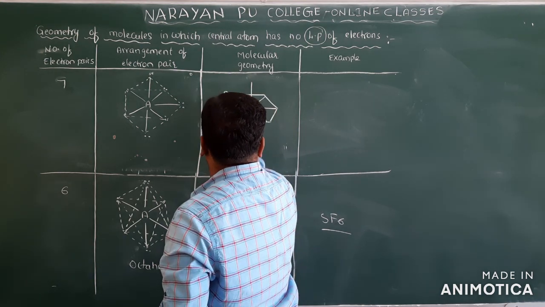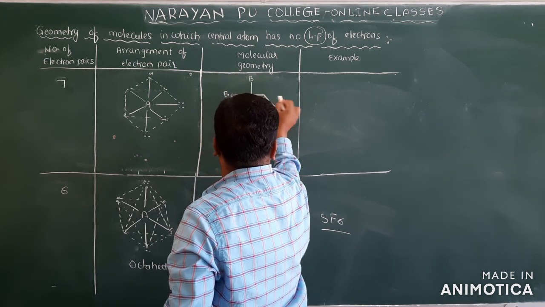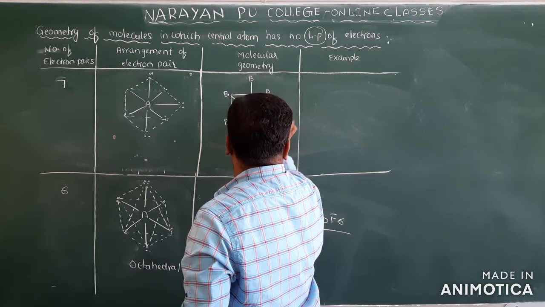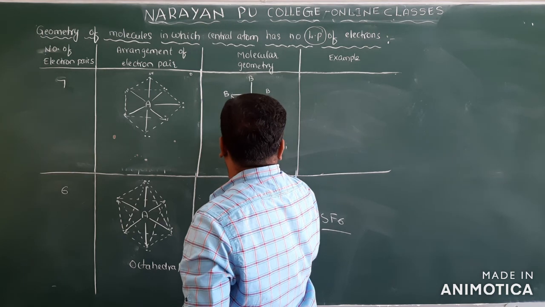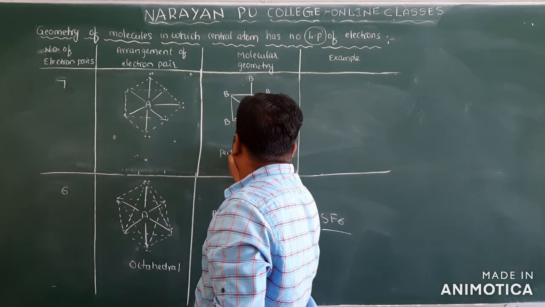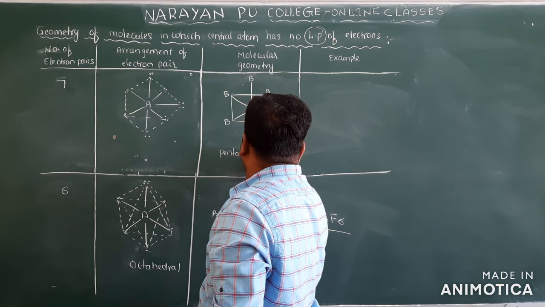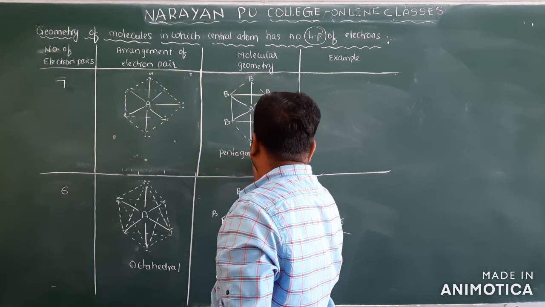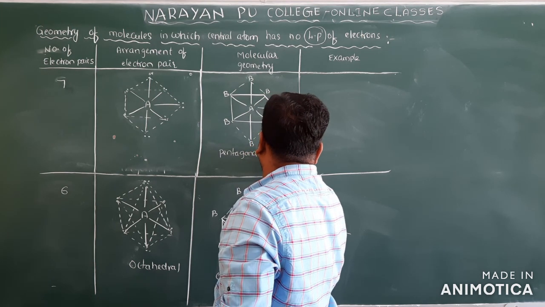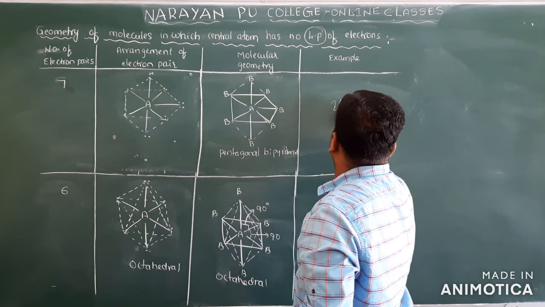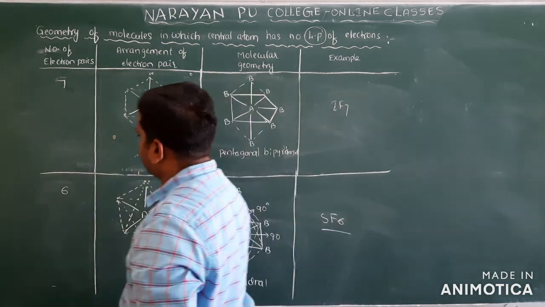This is B, B, and here bond, and here there will be B and B and B. Clear, no? So now this is also B. This is one pentagonal bipyramid, because this is one pyramid and here also one pyramid. So what is it now? Pentagonal bipyramidal. What is the example? I have said. Clear, no?